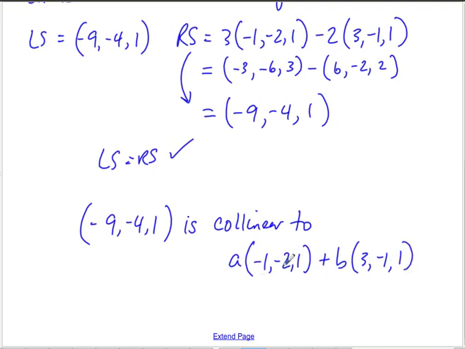Or actually, I showed that it's equal to that combination, which means it's in the same plane as each of these other vectors. We're going to do more on this in a future unit.